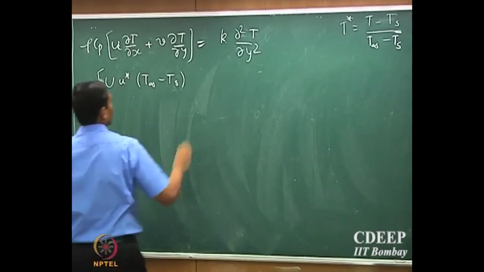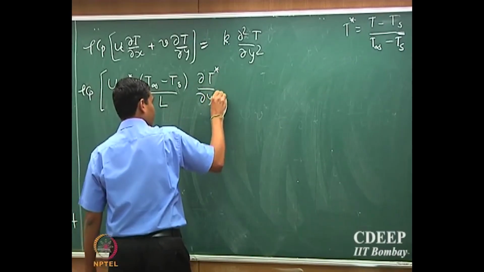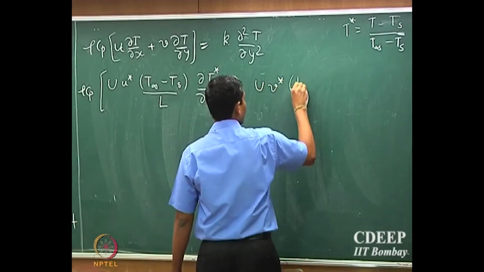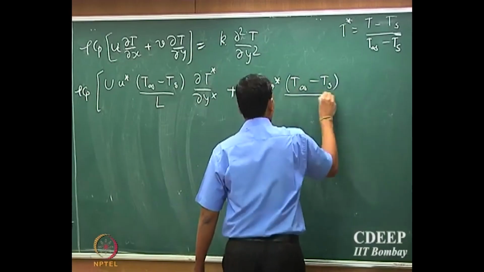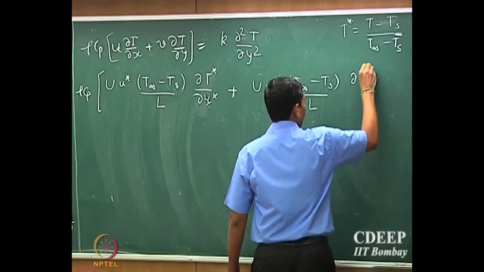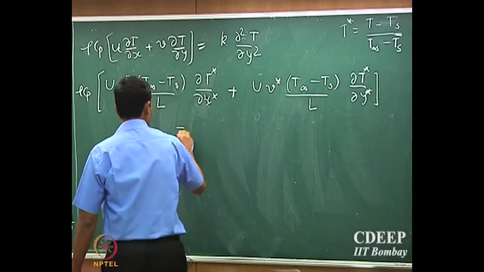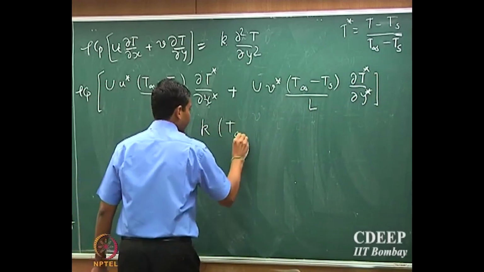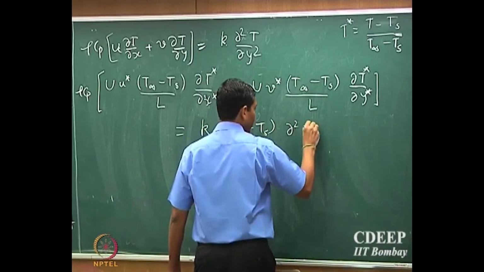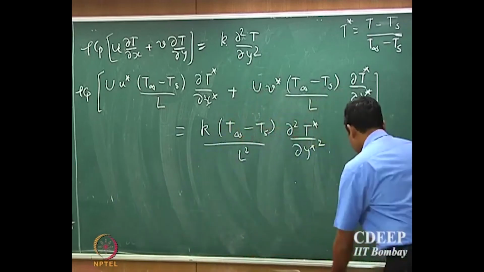rho Cp into dT star divided by L, plus u into v star (T infinity minus Ts) divided by L, should be x, dT star by dy star, okay. That should be equal to k into (T infinity minus Ts) divided by L square into d square T star by dy star square, okay.